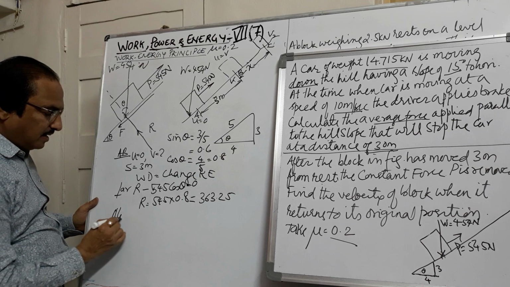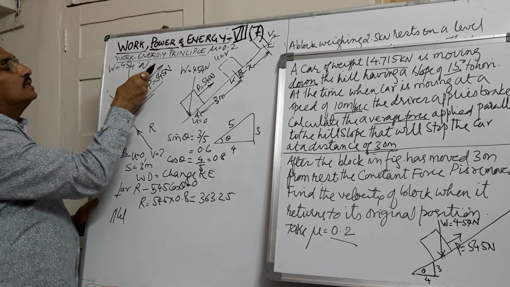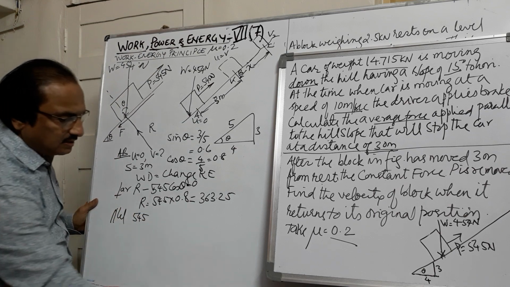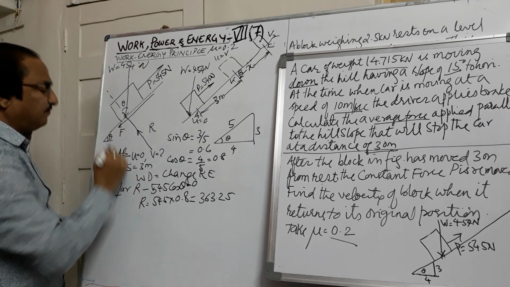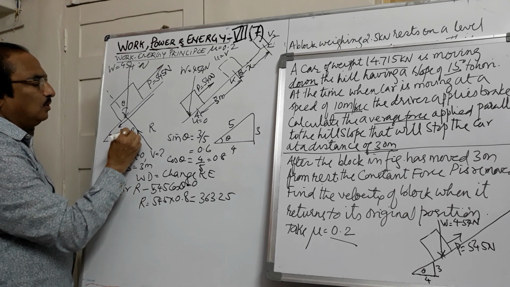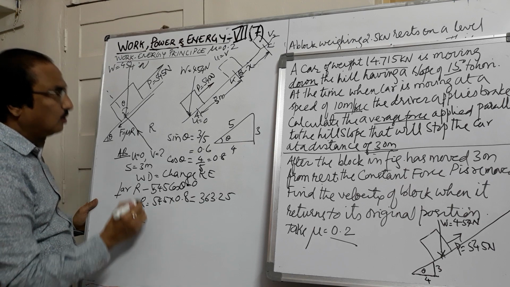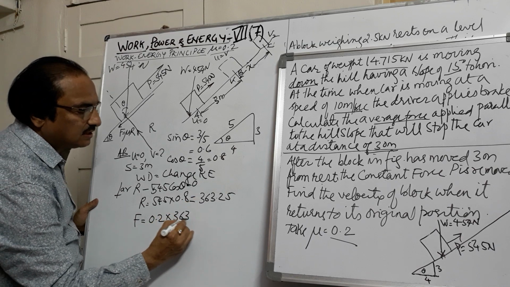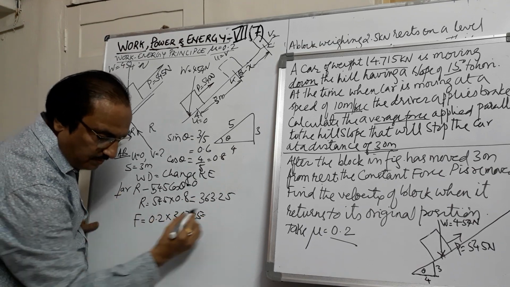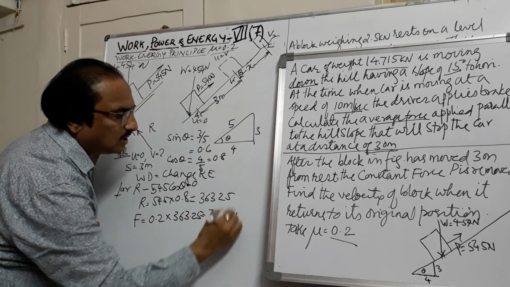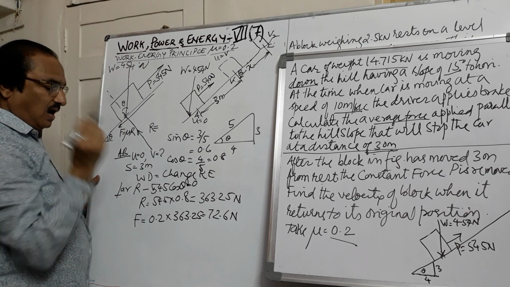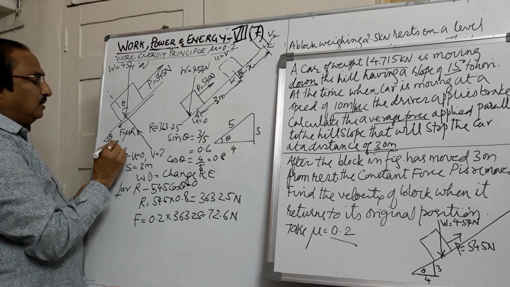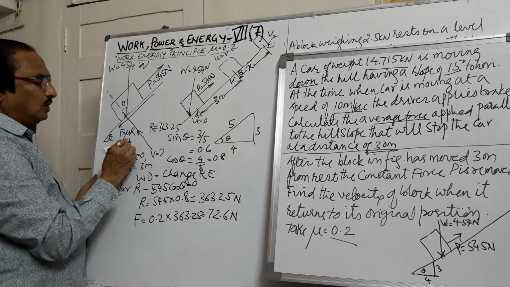We'll resolve the forces parallel to the plane, but we can directly calculate the value of F. F is equal to mu into R. So F will be 0.2, which is given, into R, which we have calculated as 363.25. This value will be equal to 72.6 Newton. So the value of R is 363.25 and the value of F is 72.6.